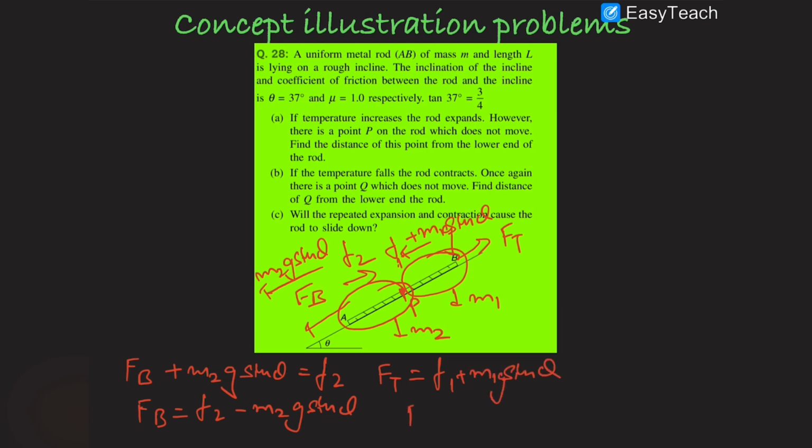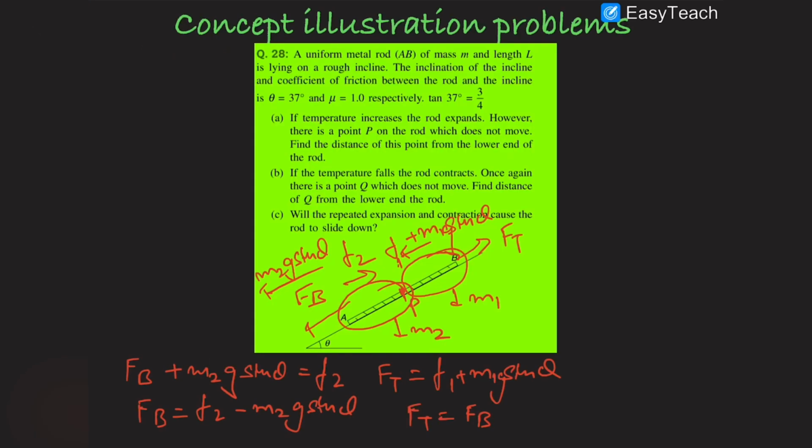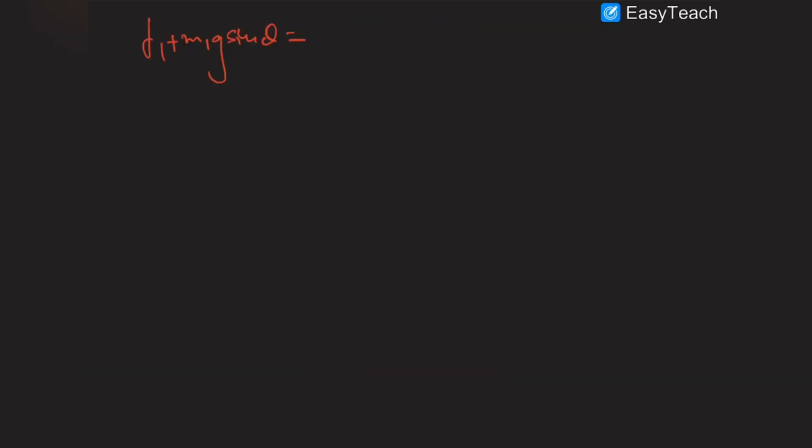So F top and F bottom will be the same, so we can equate these two. So we can see that F1 plus m1g sin theta is equal to F2 minus m2g sin theta.